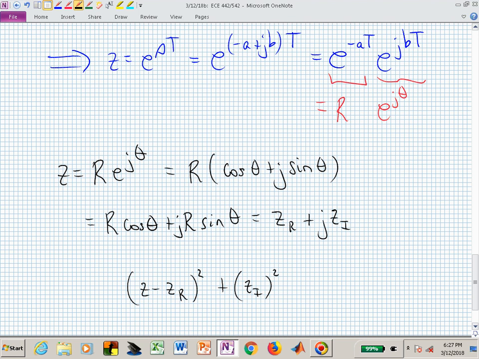And that's how you would handle complex roots versus real roots.